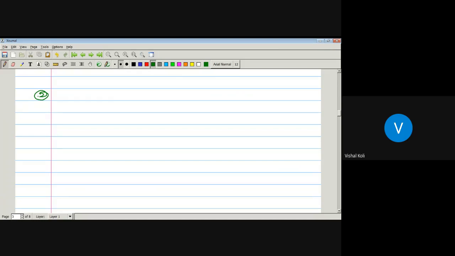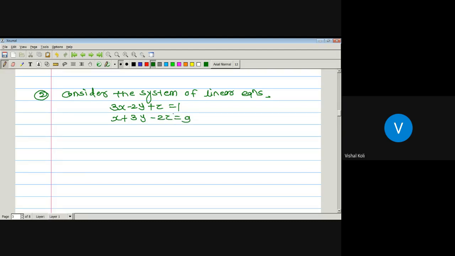Consider the system of linear equations, that is 3x minus 2y plus z equal to 1, x plus 3y minus 2z is equal to 9, and last one 2x minus y plus 3z is equal to 4. Okay, now we have to solve by using the augmented matrix method.